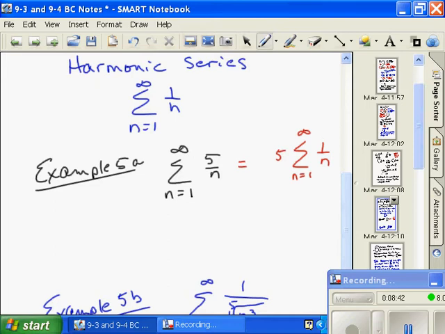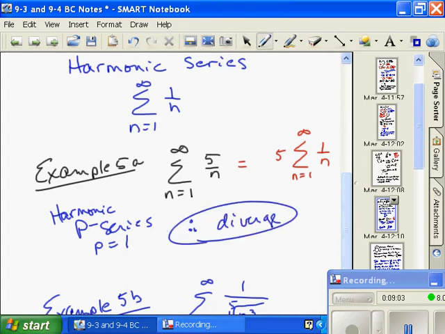If I look at that, this is a p-series where p is equal to 1. More specifically, it's called a harmonic series, not that we really need to know the names of those two. So therefore, since p is equal to 1, it is going to diverge. And that's it.